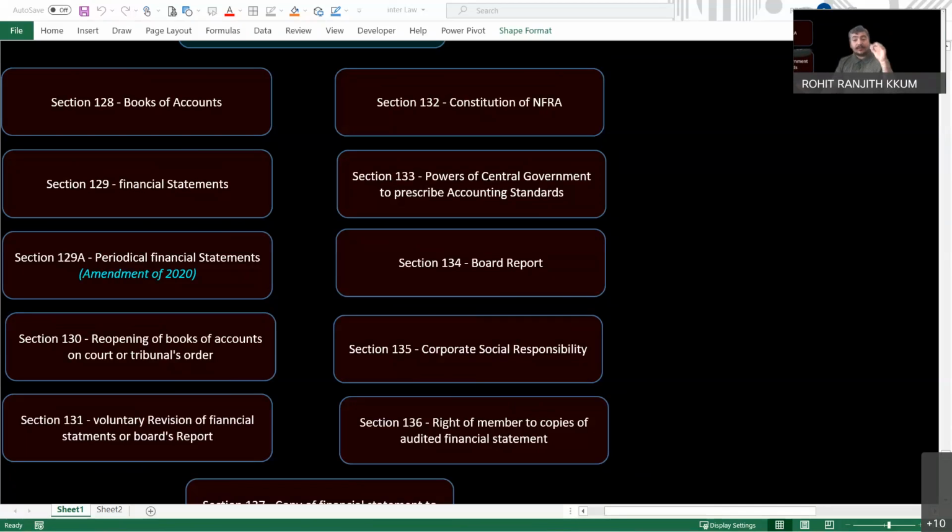So on the complaint of authority, the court will order under section 130. Under section 131, revision of books of accounts would be allowed voluntarily. If any member, any director applies to the court that these statements are not proper, and if the court allows them, okay, fine, you can go for revision. You are allowed to go for revision.